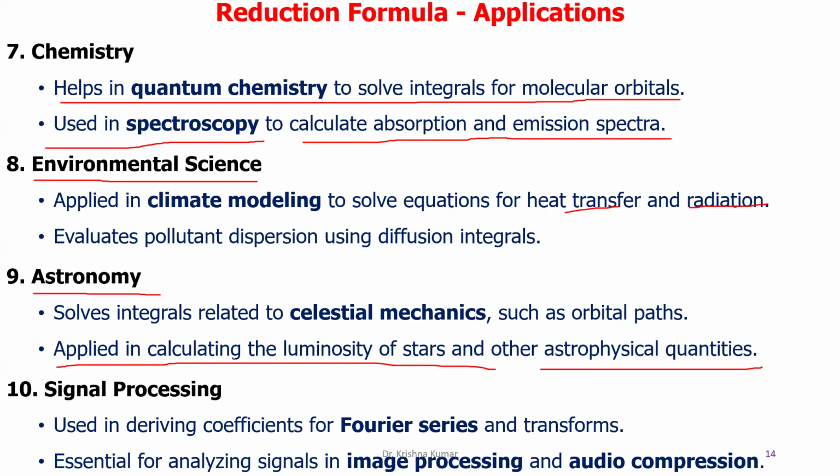It is used in deriving coefficients for Fourier series and transforms, and it is also essential for analyzing signals in image processing and audio compression. So these are some applications of the reduction formula. So this is all for this lecture. Thank you.